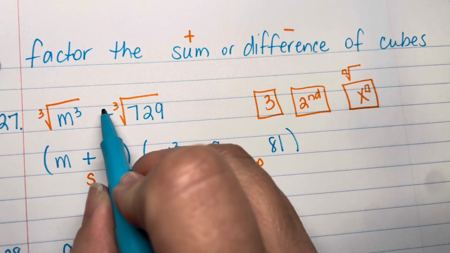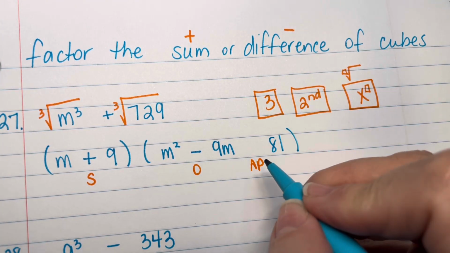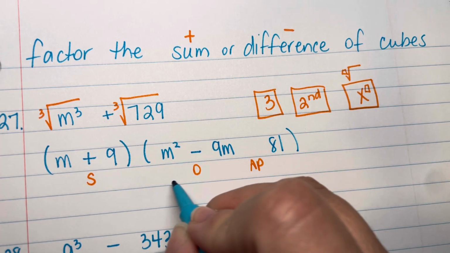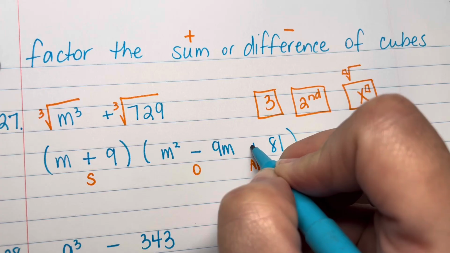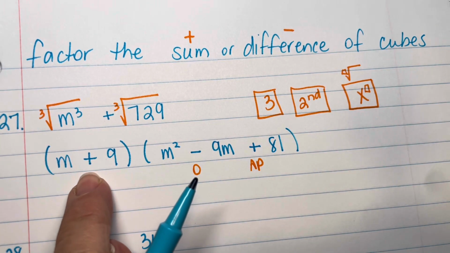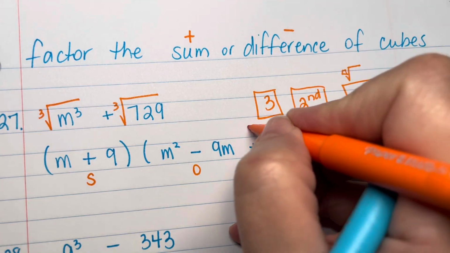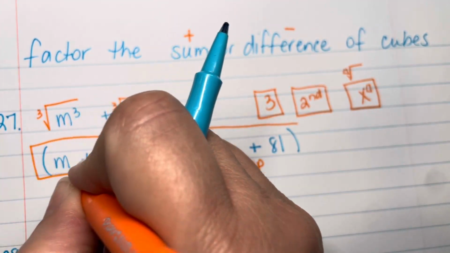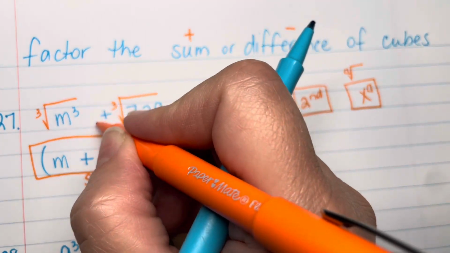So the opposite of add is subtract. And the AP in our little acronym SOAP tells me always a plus sign. So same sign, opposite sign, always a plus sign. And now we have factored this sum of cubes.